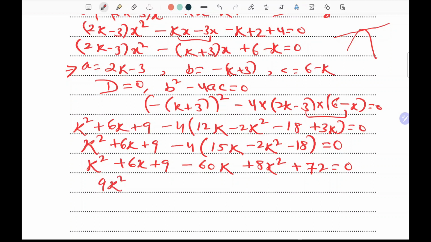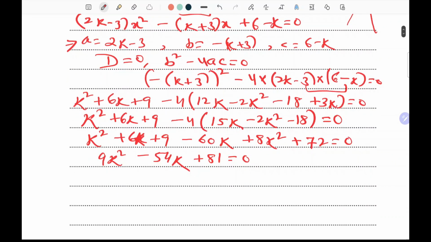This is 9k squared, and this is minus 60k and plus 6k, so we can write minus 54k, plus 9 and plus 72, that's 81, equals 0. This is 9k squared minus 54k plus 81. Now we can use the quadratic formula, or if you want to simplify this further, you can divide both sides by 9.